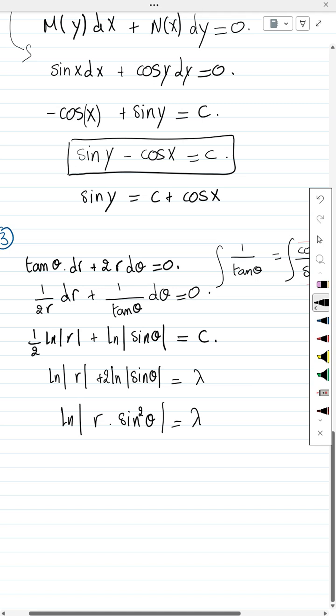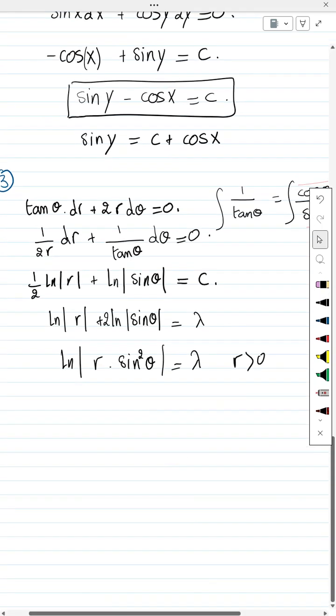If we are dealing with a distance, r is always positive and sine squared is always positive, so we can remove the absolute value. This is a remark. The second remark, we can use an exponential function to get r by itself: r times sine square theta is equal to exponential lambda. We can write it as another parameter, which is gamma.